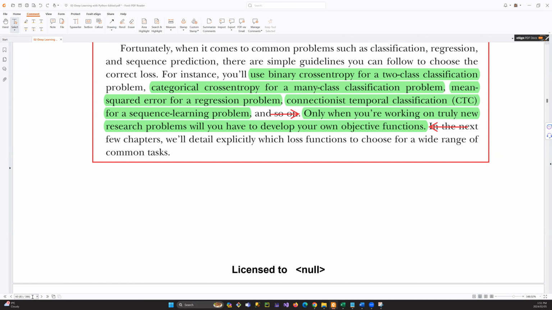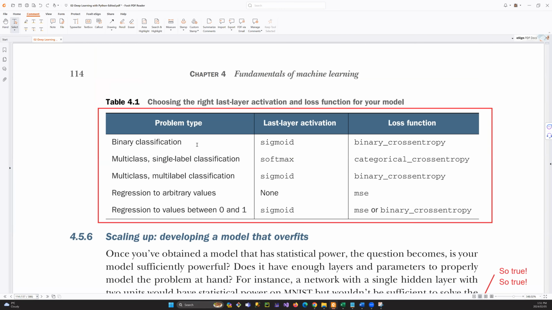I see. Sorry, I thought that you were done. Do you remember that we have some general guidelines? For instance, if we have just binary classification, the loss function that we use for such cases would be binary cross entropy. And if we have multi-class single label, we use categorical cross entropy, right?